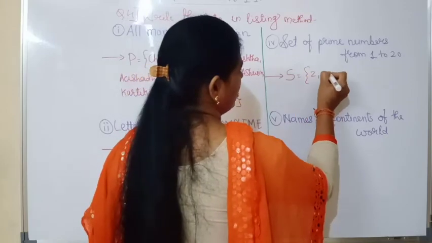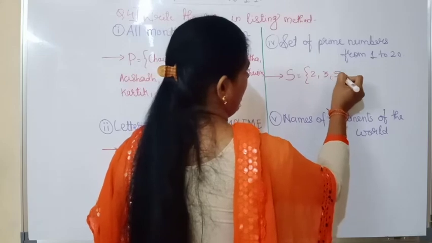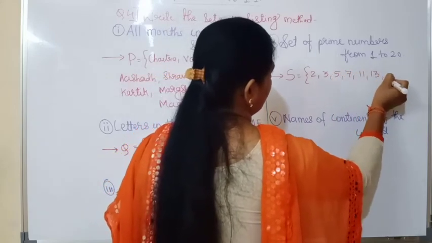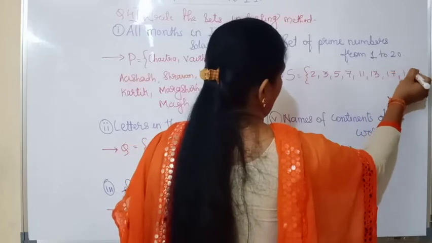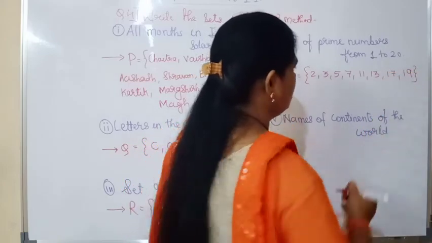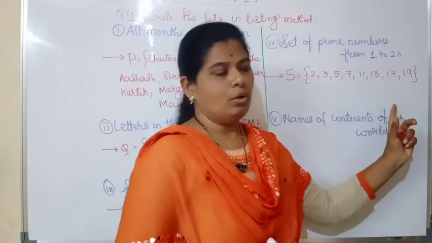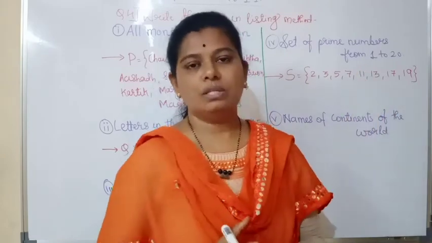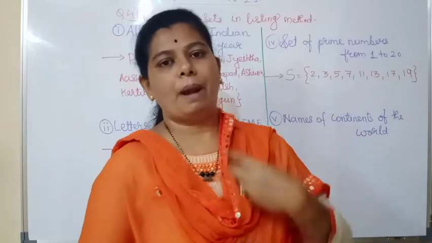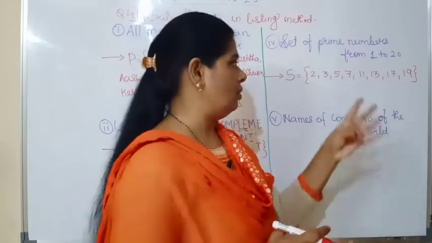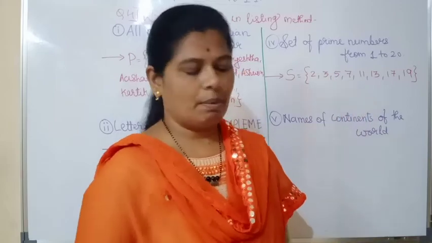That is 2, 3, 5, 7, 11, 13, 17 and 19. So these are the prime numbers between 1 to 20. Okay, so the limitation is given to us, that we have to write the prime numbers only up till 20, which are between 1 to 20. Okay, so we have written those numbers.